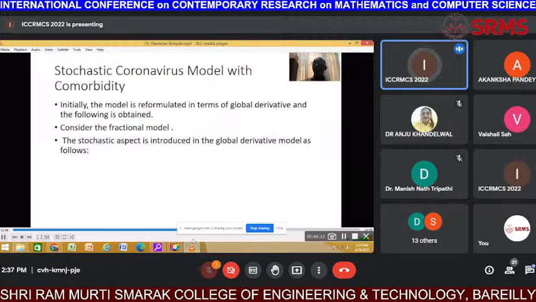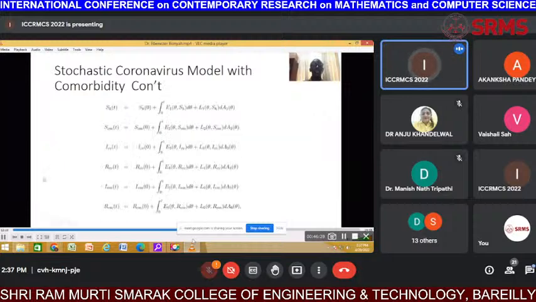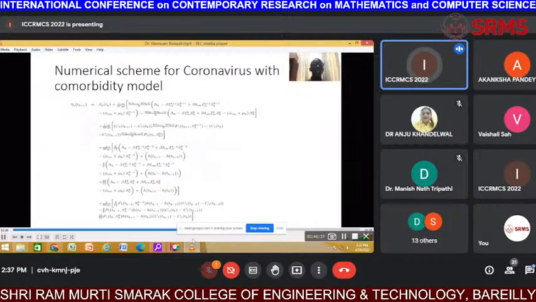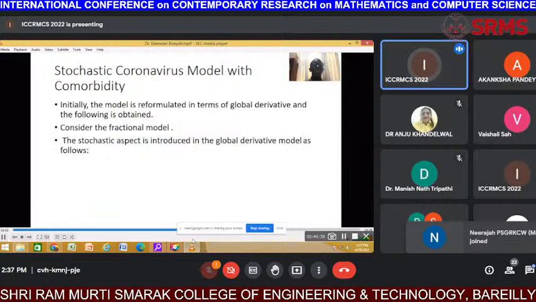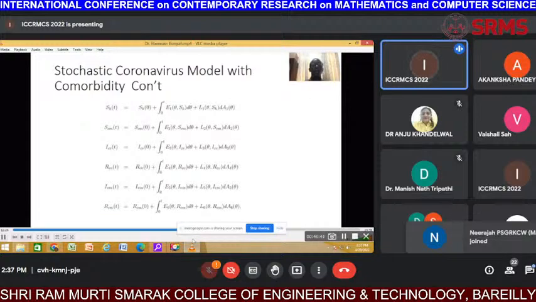It's not so, because disease incidence can increase and decrease depending on the condition at a given time. So I wanted to see how stochasticity can influence the dynamics of the model. Therefore, a stochastic component is introduced. So this is the stochastic component introduced.